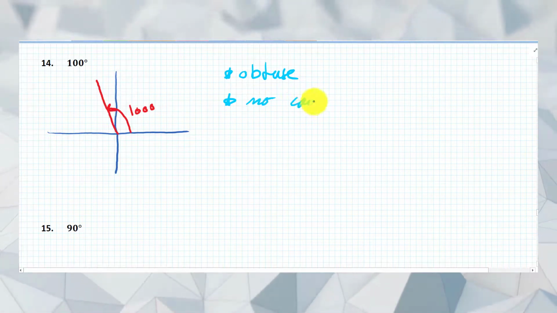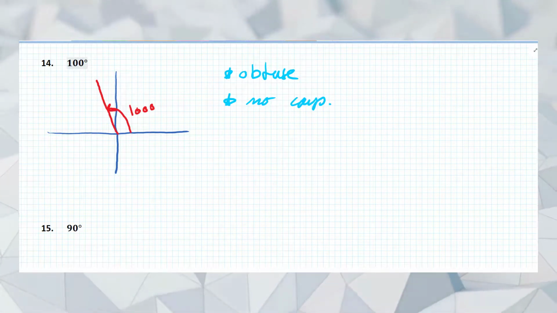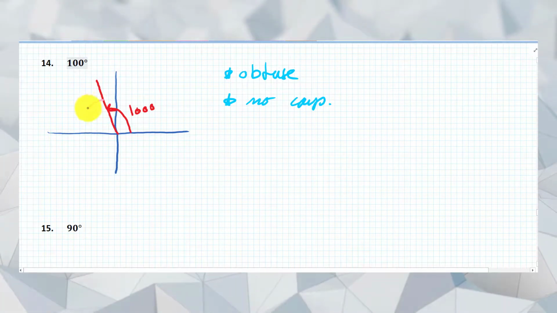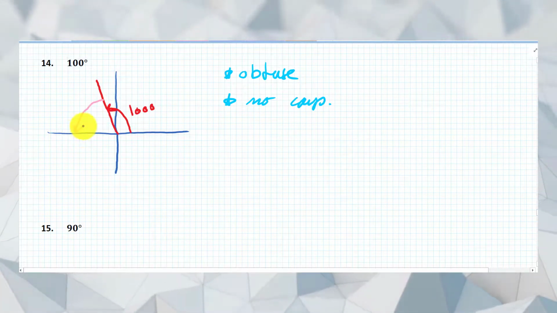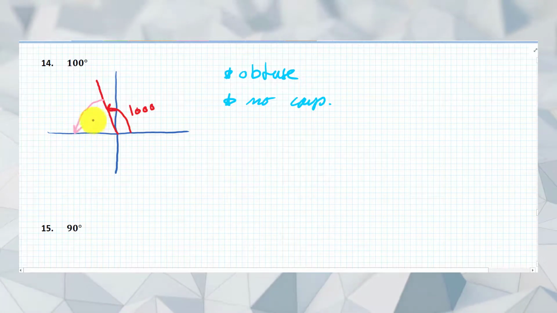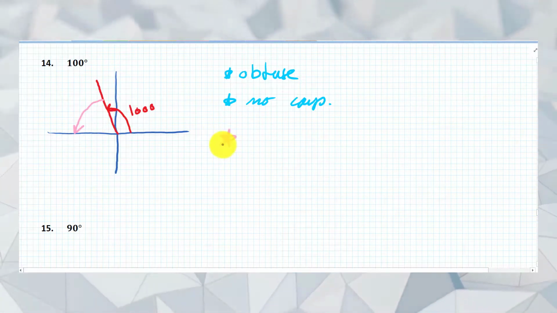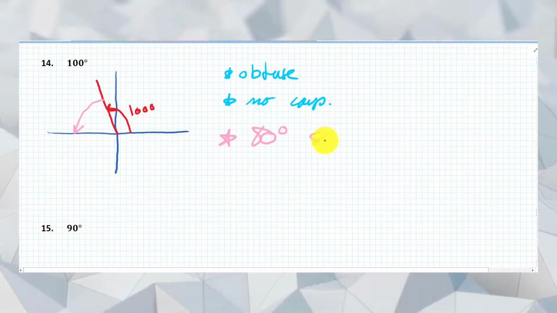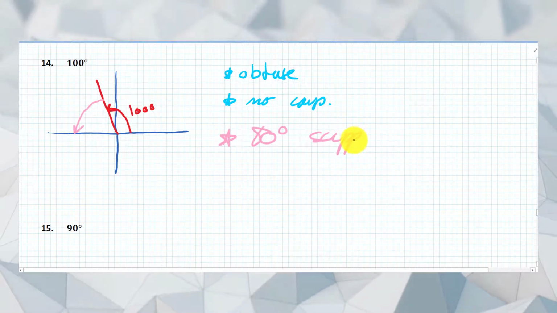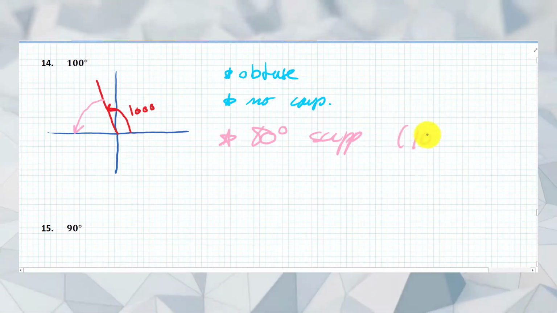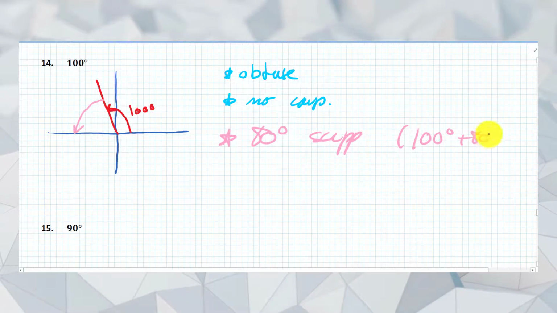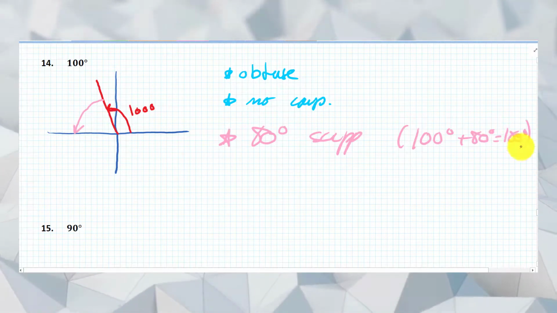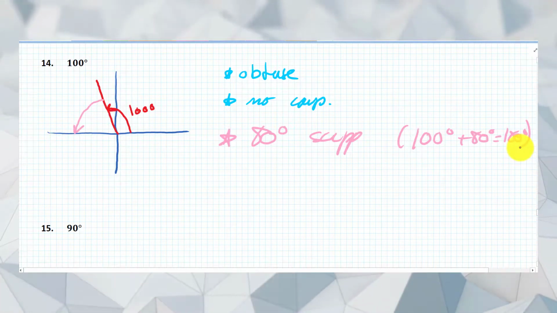So no complementary angle. And does it have a supplementary? Well, yes, you can add 80 degrees to 100 to find 180 degrees, right? So 80 degrees is the supplementary to 100 degrees. Why? Because 100 degrees plus 80 degrees equals 180. That's the definition of a supplementary angle.